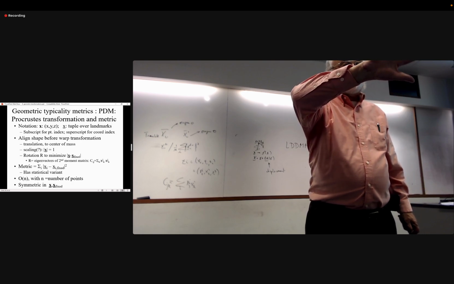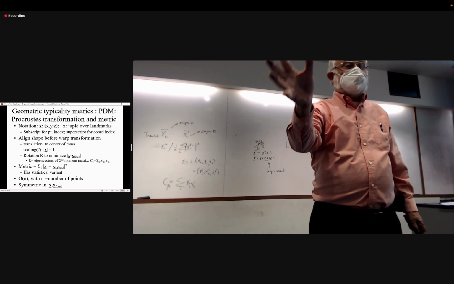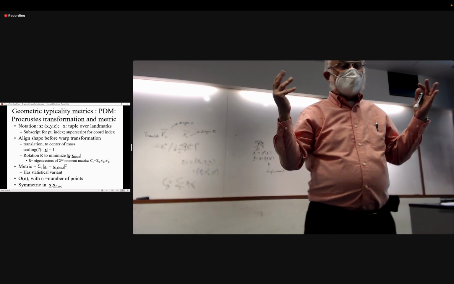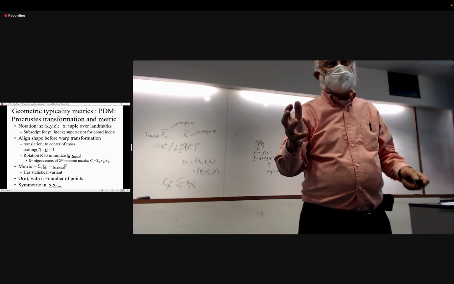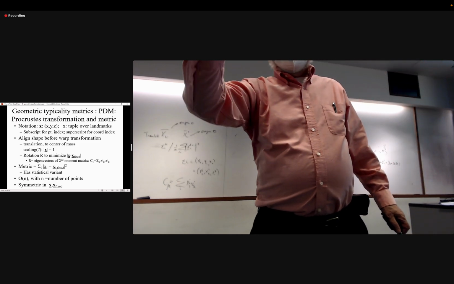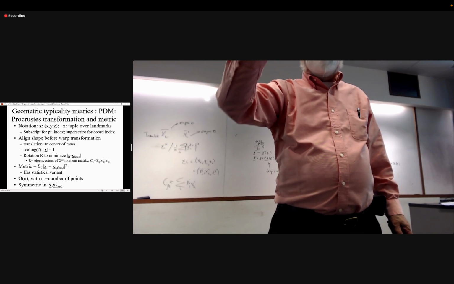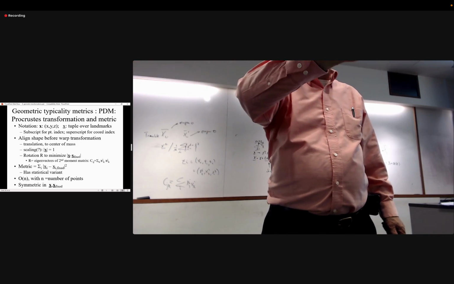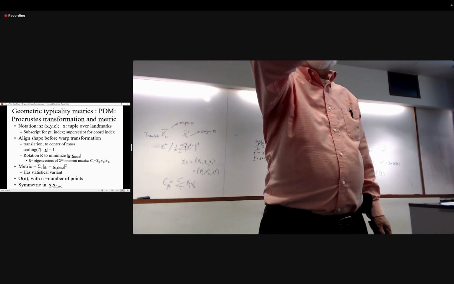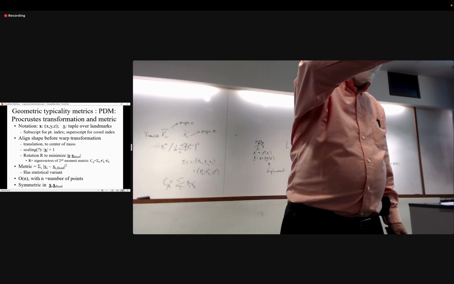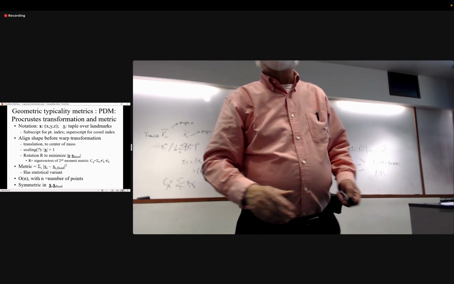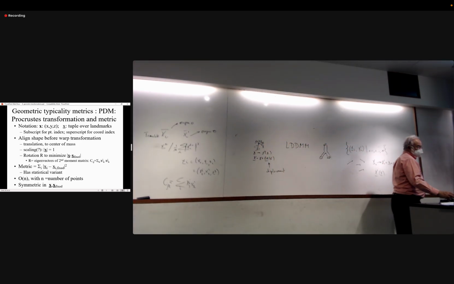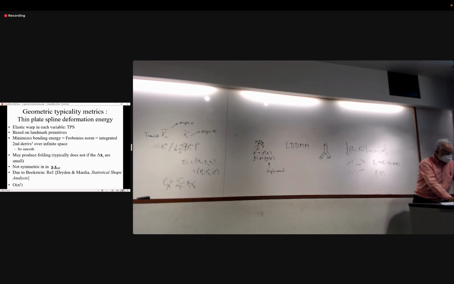If you want to transform the x's into the x primes, since everything is provided for each one separately, except the rotation, the rotation you go from primes to non-primes will be the inverse of the one you go from non-primes to primes. Okay, fine. So we have this Procrustes transformation that we'll use as pre-processing.